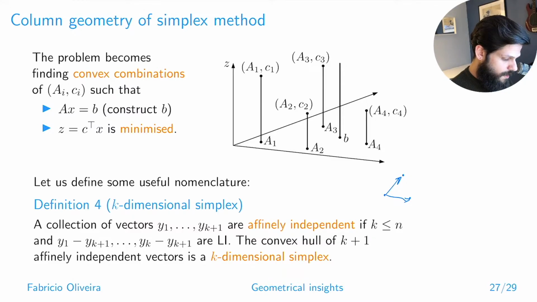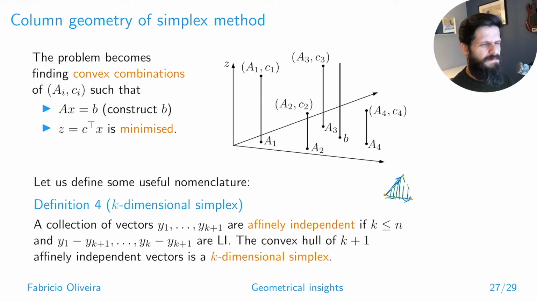And that means that I have a two-dimensional simplex, which is this, formed by the convex hull of my points. So in R2, I need 3 points to form a two-dimensional simplex. In R3, I need 4 points to form a three-dimensional simplex.